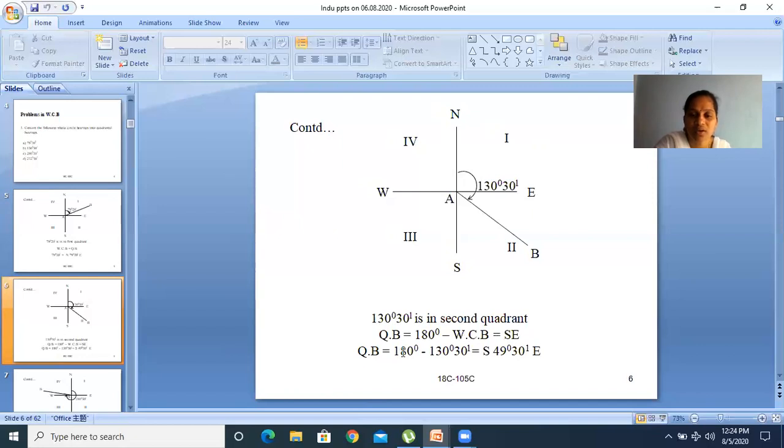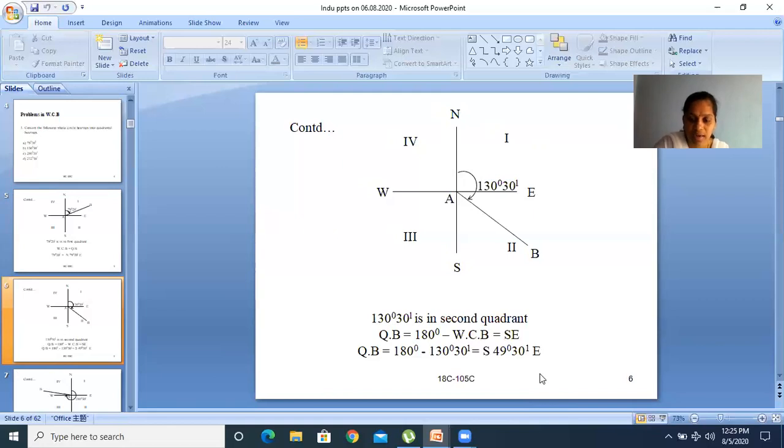QB is equal to 180 minus 130 degrees 30 minutes, which gives 49 degrees 30 minutes, southeast. So the quadrantal bearing should be shown with the quadrants. The quadrants, that is the directions, must be designated.